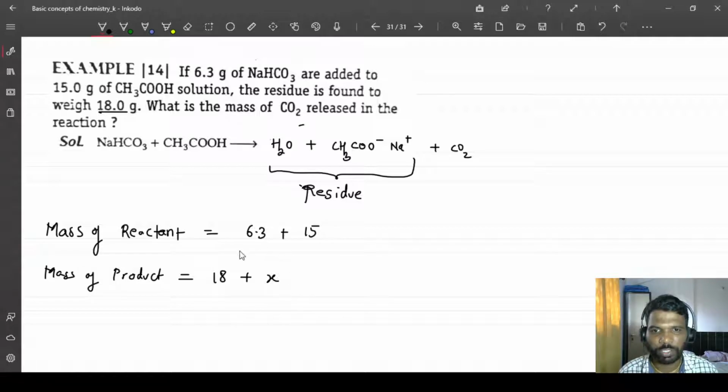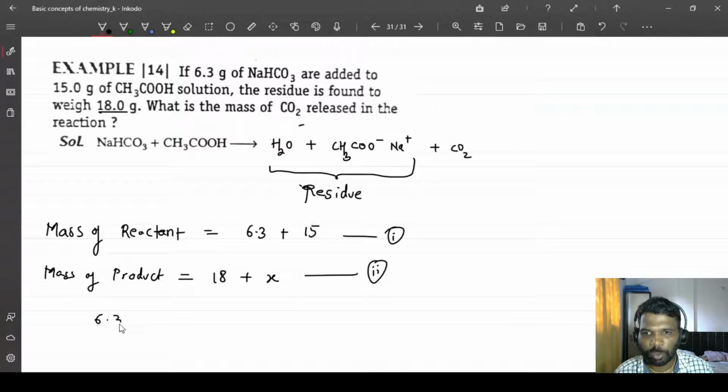So according to the law of conservation of mass, the first equation is equal to equation 2, right? So I can equate this. This is the mass of the reactant, which is equal to mass of the residue plus mass of the carbon dioxide.